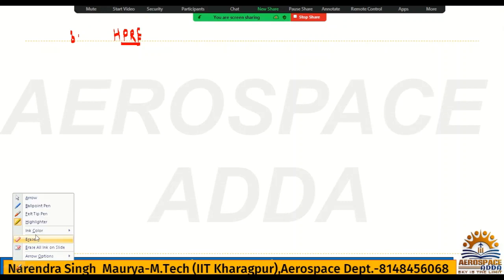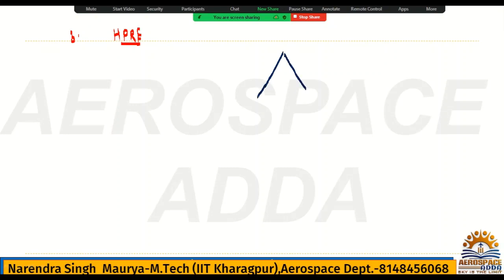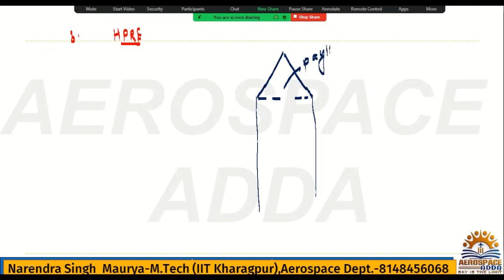here if you go for the design, you will have the payload, and both solid propellant and liquid propellant.